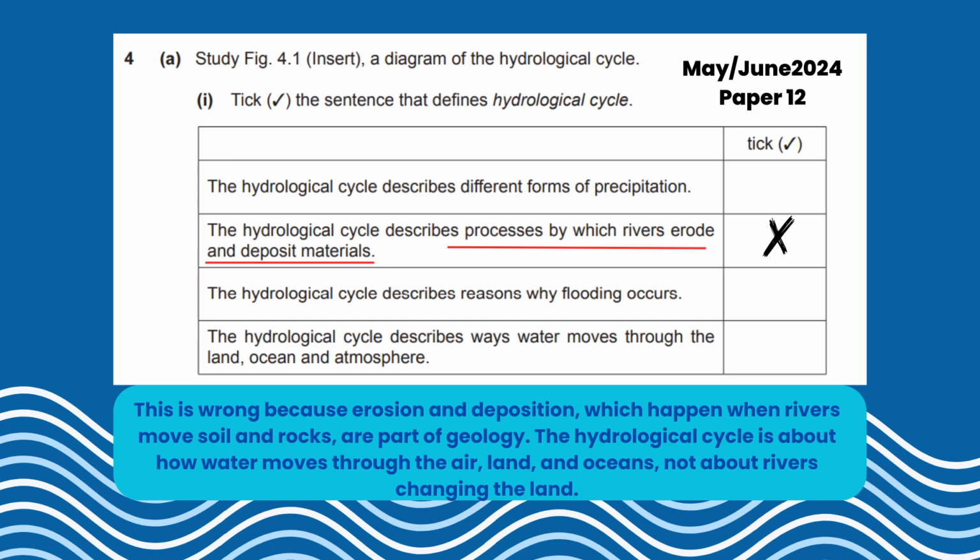Rivers erode and deposit materials. But before we explain further, we need to know the meaning of erode. Erode means to wear away materials like soil, rock, and other sediments, often by water, wind, or ice. So, for example, the river erodes its banks as it flows. The river wears away some materials.